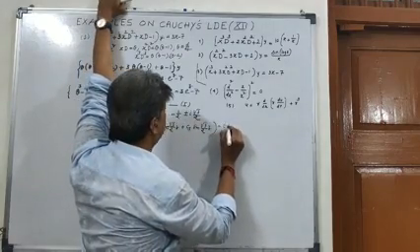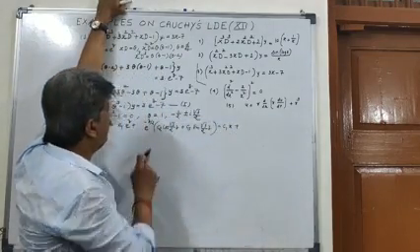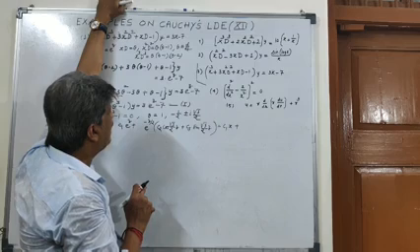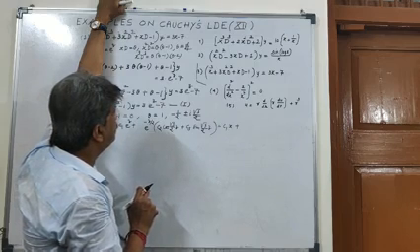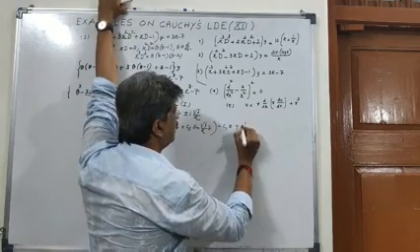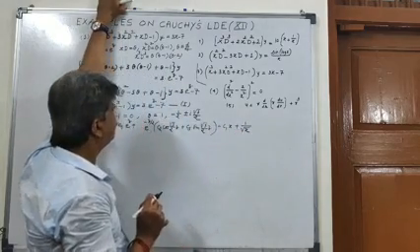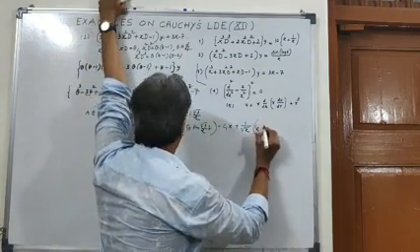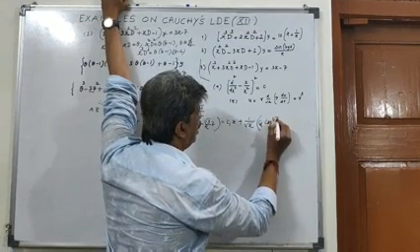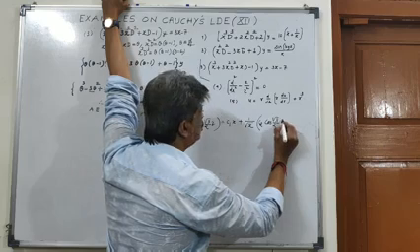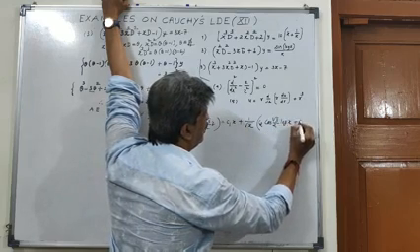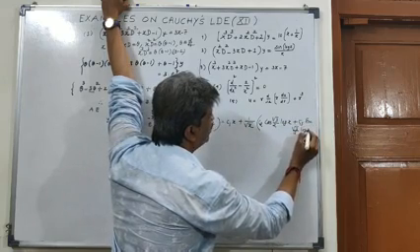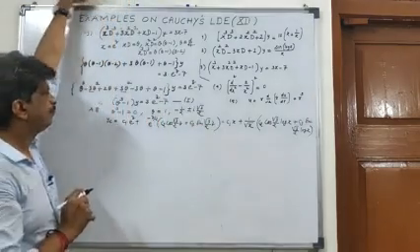So C1 x plus e raised to power minus z is 1 by x. So it is x raised to power minus 1 by 2 into C2 cos of root 3 by 2 times log of x plus C3 sin of root 3 by 2 log of x, because z is log of x.